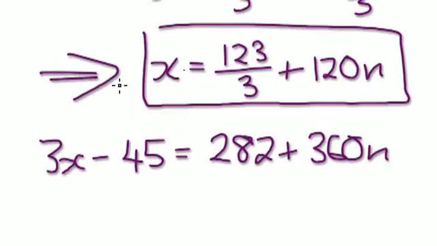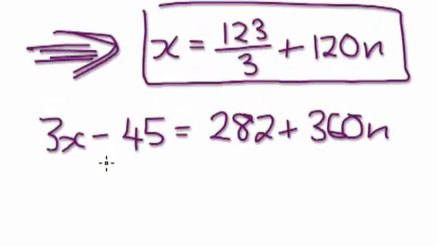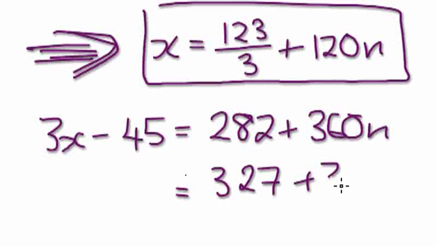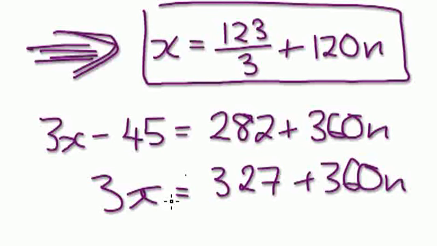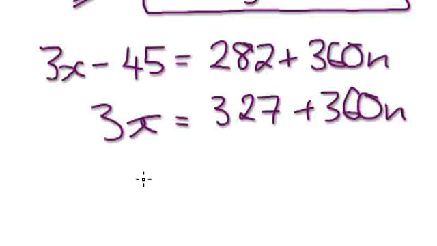Remember, this is our second set of solutions. Now we're going to tackle the second set. So now add 45 to both sides. So this will be 327 here, plus 360n, and this will be 3x here, and then divide both sides by 3.